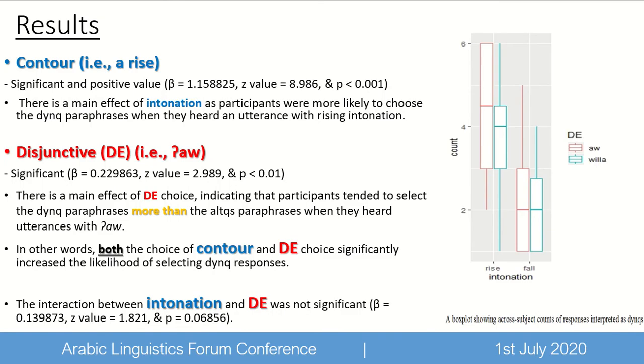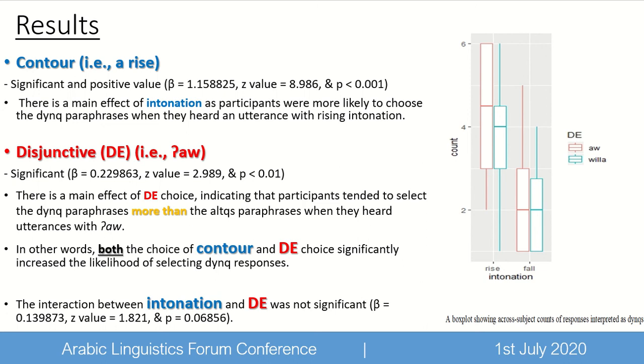And for the results, it turned out that contour was significant and it had a positive value, as you see. So this means that there is a main effect of intonation, as participants were more likely to choose the disjunctive yes/no question paraphrases when they heard an utterance with a rising intonation.